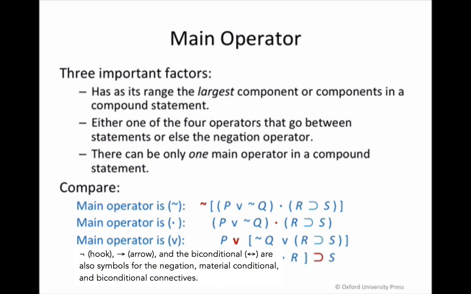There are sub-operators, and what we want to know as we're building a sentence is what the main operator is, so that at the end of building that sentence, you can determine that sentence's truth value. So when we're talking about a main operator, we're talking about the operator that drives or governs the sentence, and therefore also drives or governs the ultimate truth or falsity of that sentence.